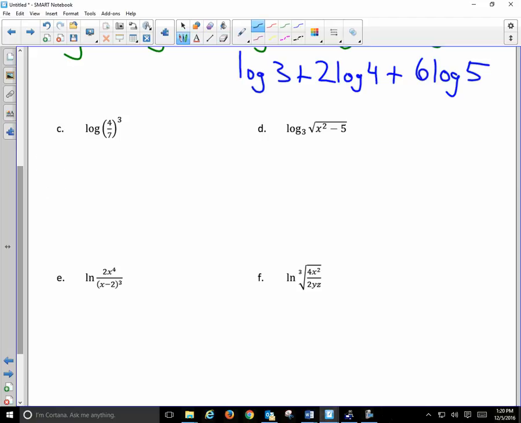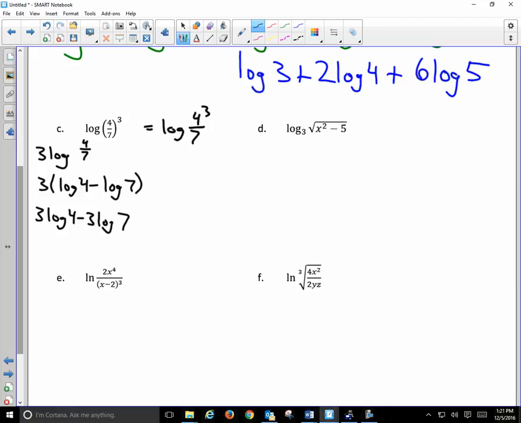As you work this out, I'll work it out two different ways. So either way, you should come up with 3 log of 4 minus 3 log of 7.